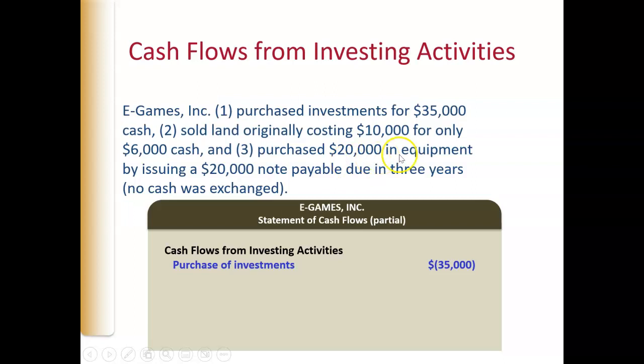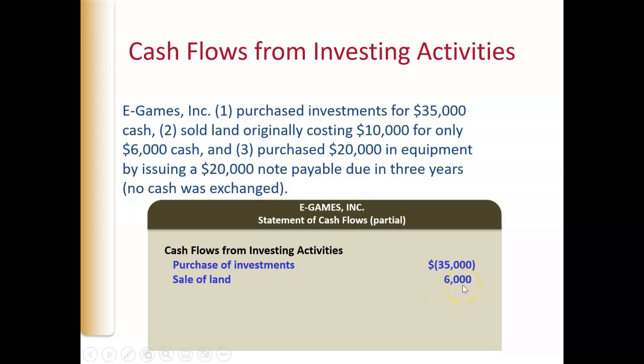We know purchasing equipment for $20,000 by issuing a $20,000 note payable, there was no cash, so we're not going to do anything there. But since we purchased investments of $35,000 for cash, we used up $35,000 of cash. So do you see purchases of investments minus $35,000? And then we sold land for $6,000. That's an increase of cash of $6,000.